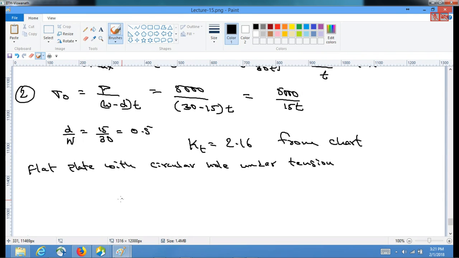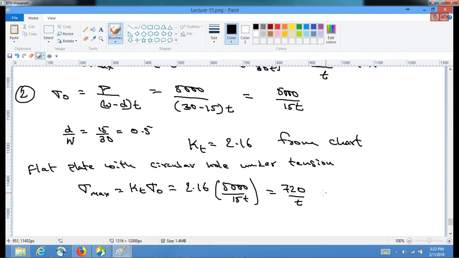Then we can say that our sigma max is equal to Kt into sigma naught, 2.16 and 5000 by 15T. That boils down to 720 by T Newton per mm square.